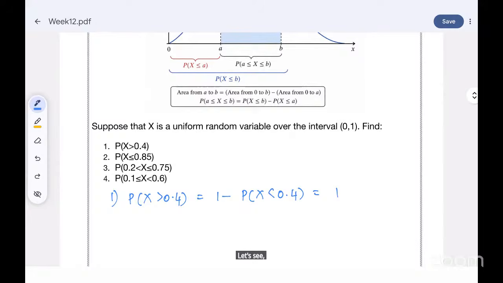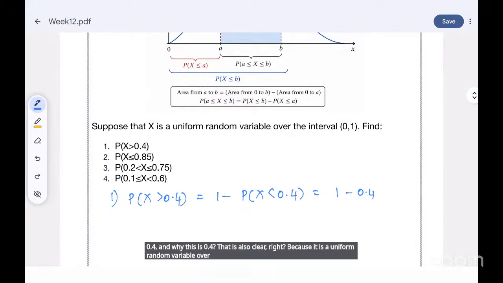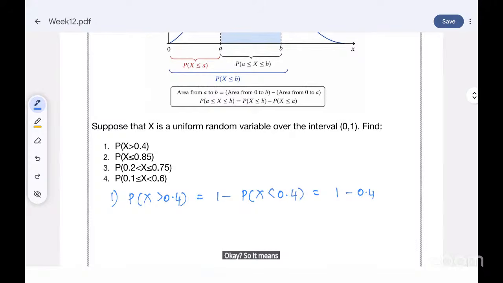So here it is 1 minus 0.4. And why this is 0.4, that is also clear, right? Because it is a uniform random variable over 0, 1, right? So it means your probability value is just exactly the same. So here it is 0.4, 1 minus 0.4, and hence it is 0.6.